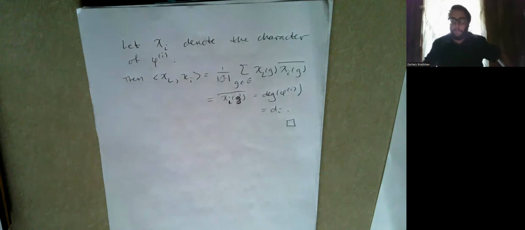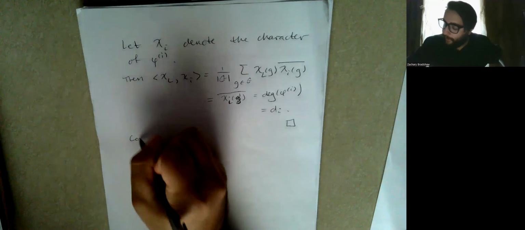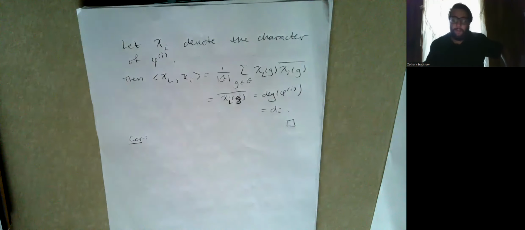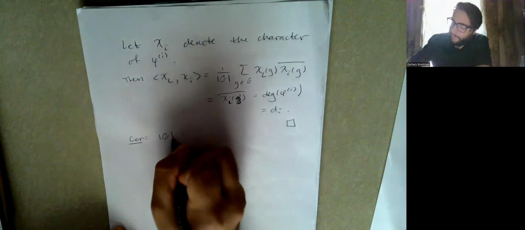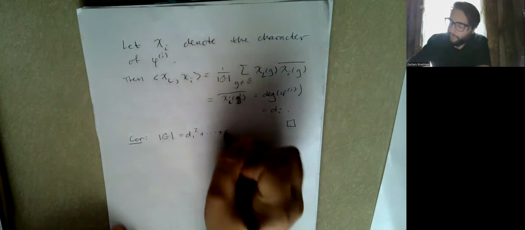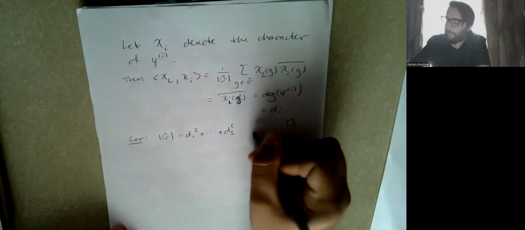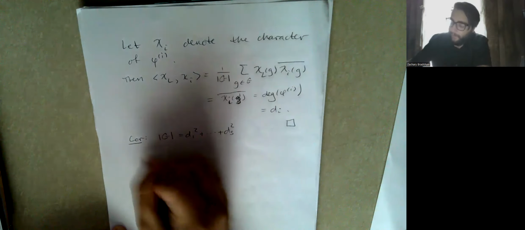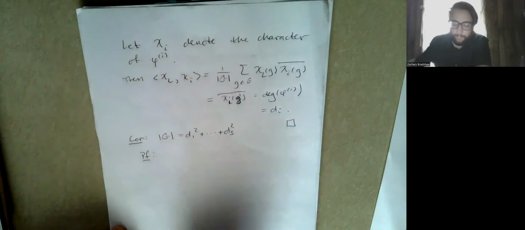Okay, so a corollary of that will answer your question from last time, Logan. The order of G is always equal to the sum of the squares of the degrees of the irreducible representations. And the proof is very simple.